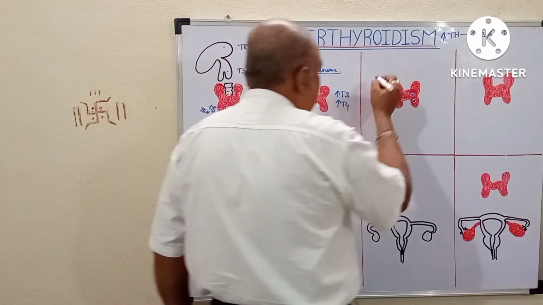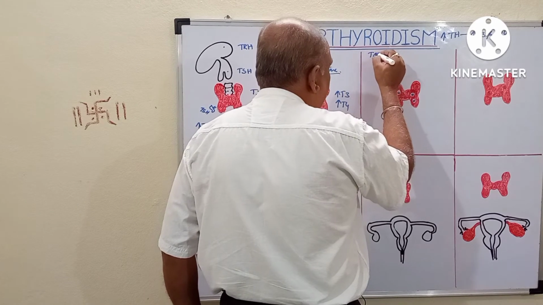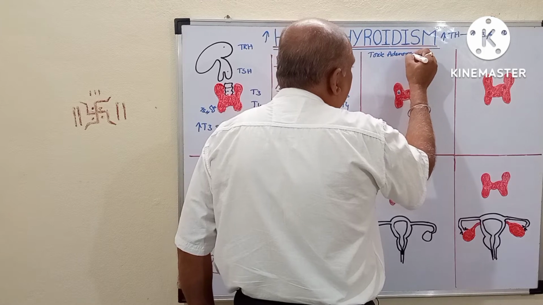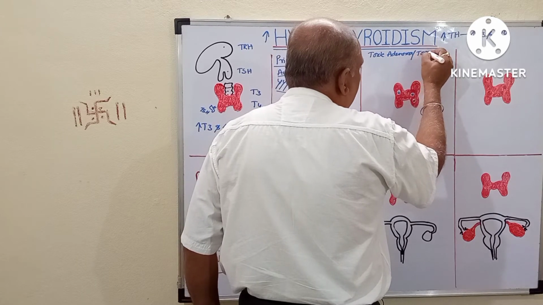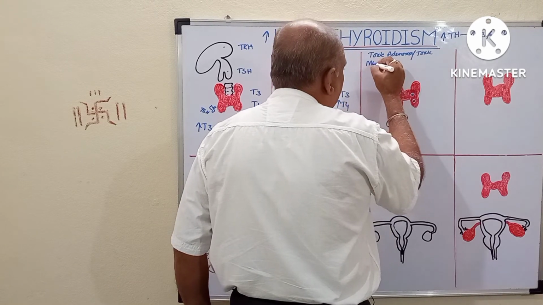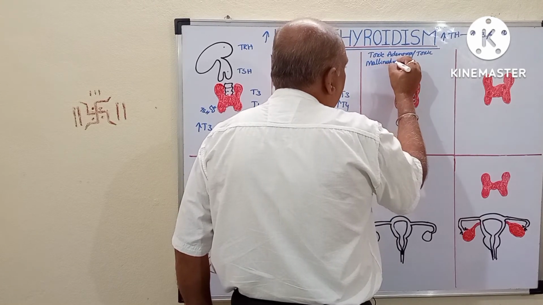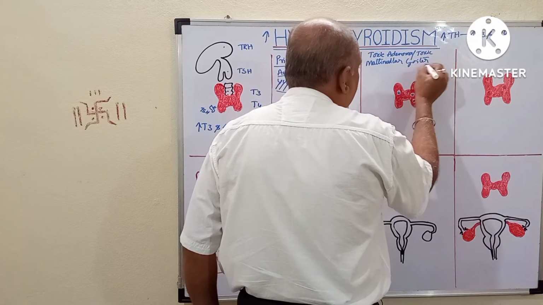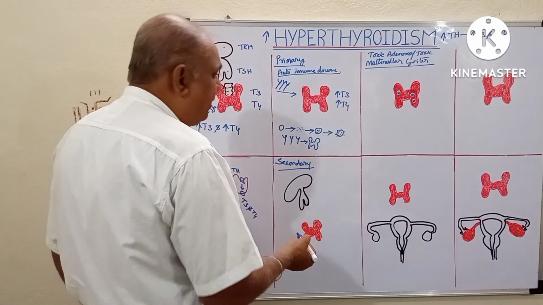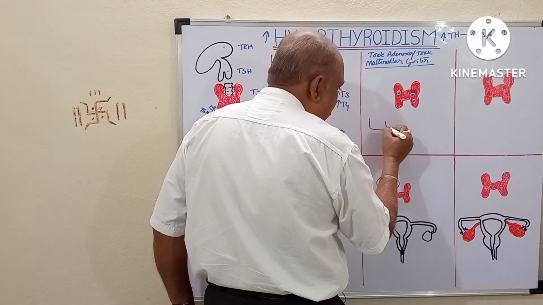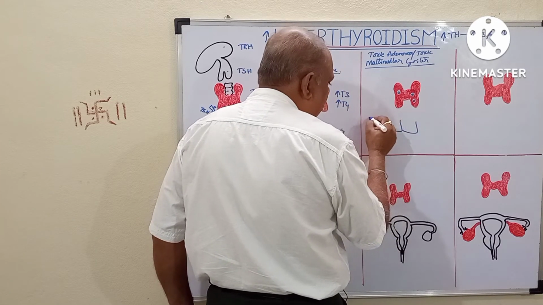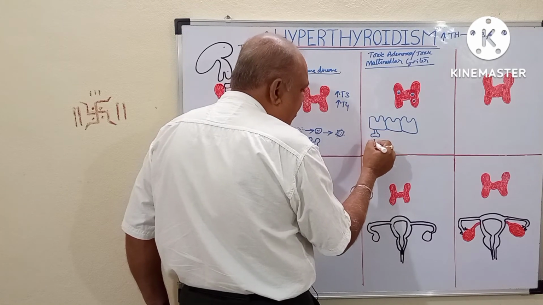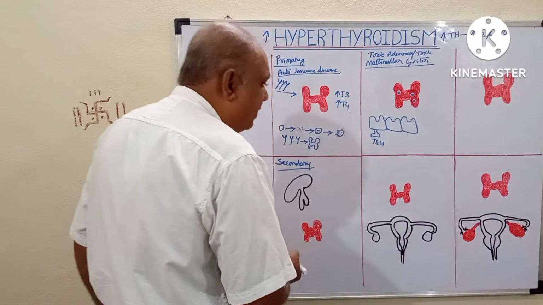Now, the second example for primary hyperthyroidism is toxic adenoma or toxic multinodular goiter. This is a follicular cell, this is the receptor, which receives TSH.